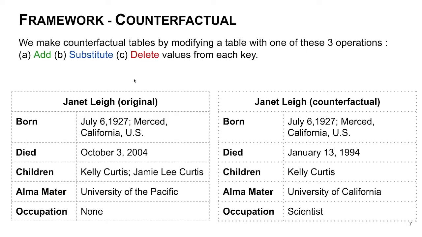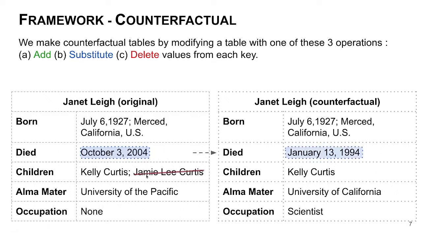Now, as I already mentioned, while creating counterfactuals, we used one of these 3 operations: add, substitute or delete. So here as an example, this is the original and this is the counterfactual. First of all, we substitute the died date here.